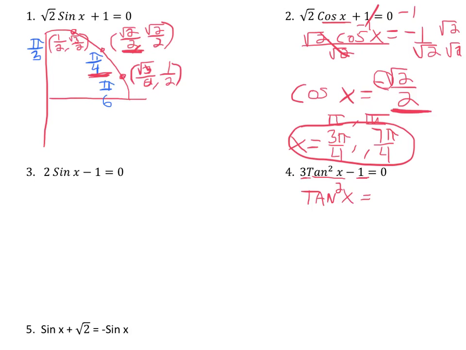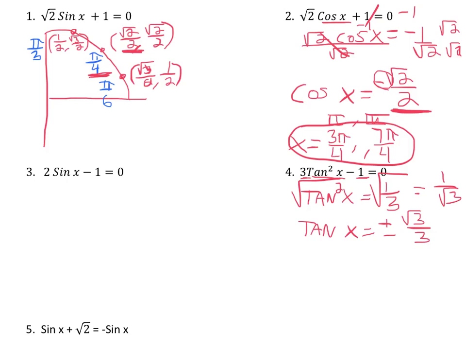So 1 divided by 3 equals 1/3. Then since it's squared, you take the square root of both sides. So tangent of x equals, and don't forget to put plus or minus right there. Square root of 1 is 1, so you'd have 1 over root 3. When you rationalize that, that's root 3 over 3.